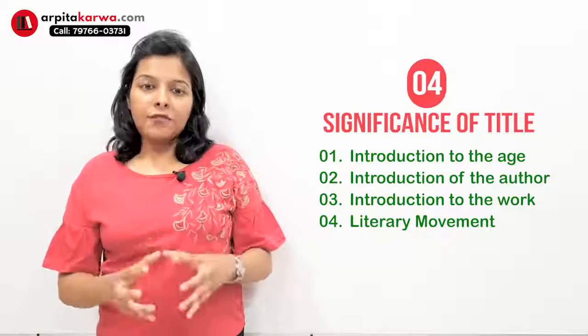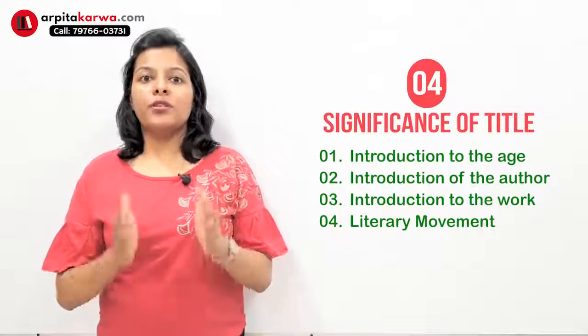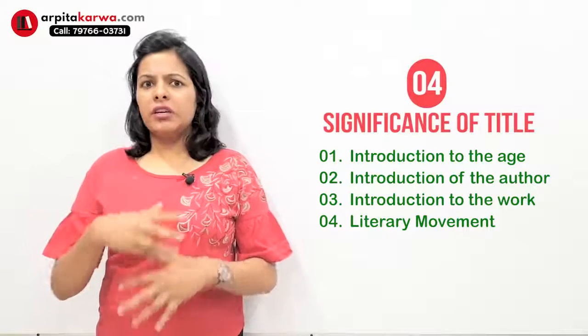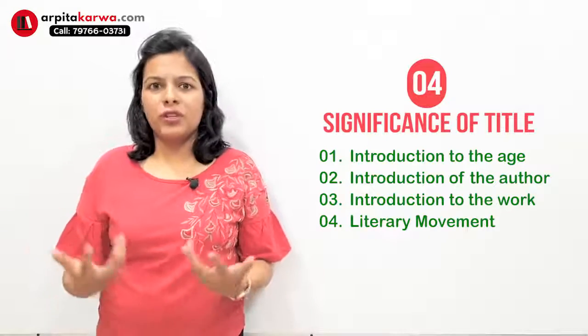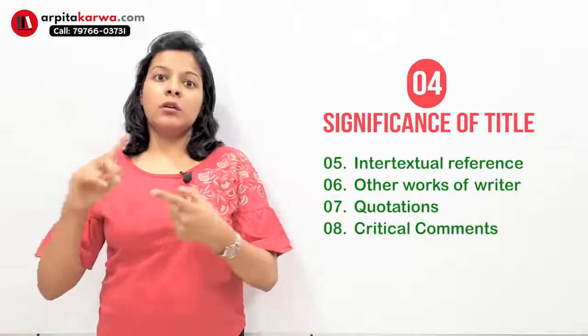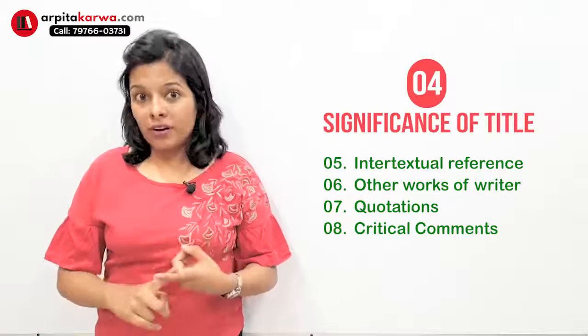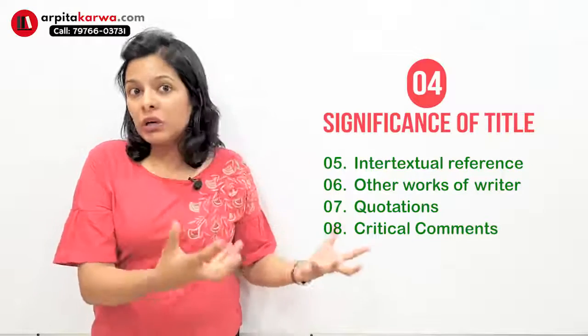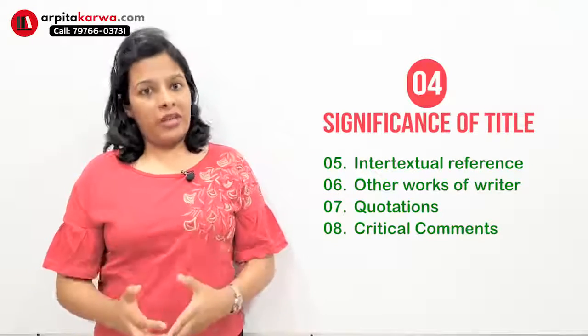Now, apart from that, you need to include 4 important topics which you can use in your answer irrespective of the question which has been asked. These topics include the conclusion, intertextual references, your views on other works of the writer, and quotations.